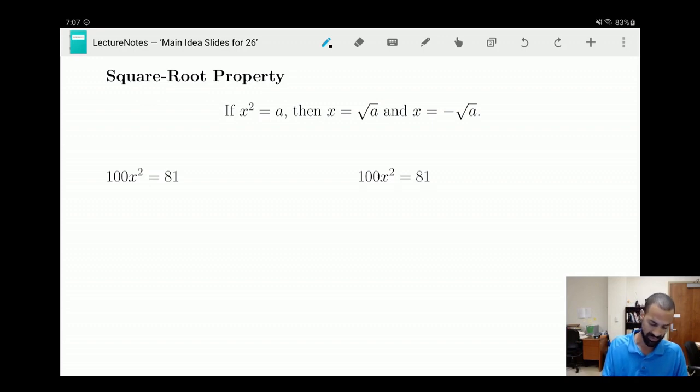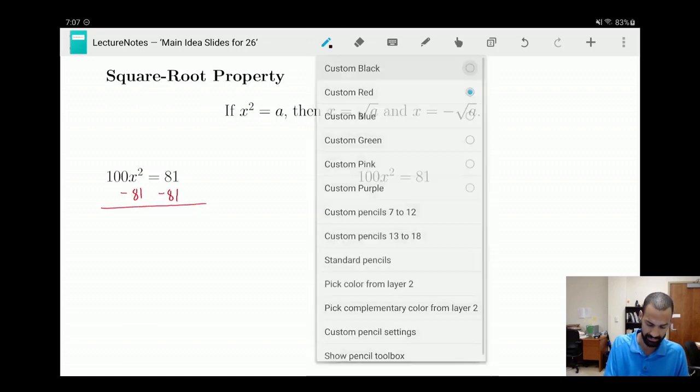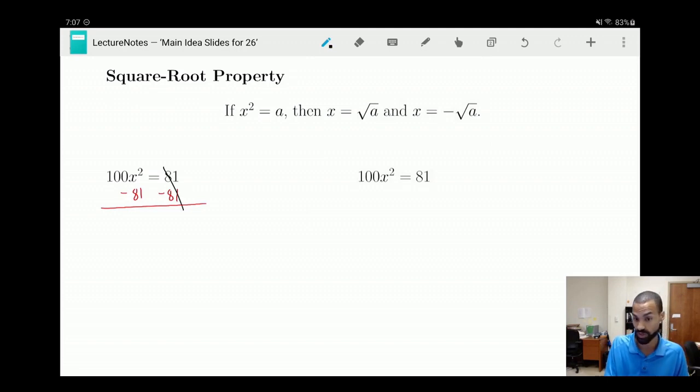So if I'm trying to solve 100x squared minus 81, the first thing I need to do is make sure it's equal to 0. So I'm going to subtract 81 from both sides. Again, if you're dealing with a quadratic, you want it equal to 0. In other words, if you have an x squared, get it equal to 0. 100x squared and 81 are not like terms, so I just kept them separated.